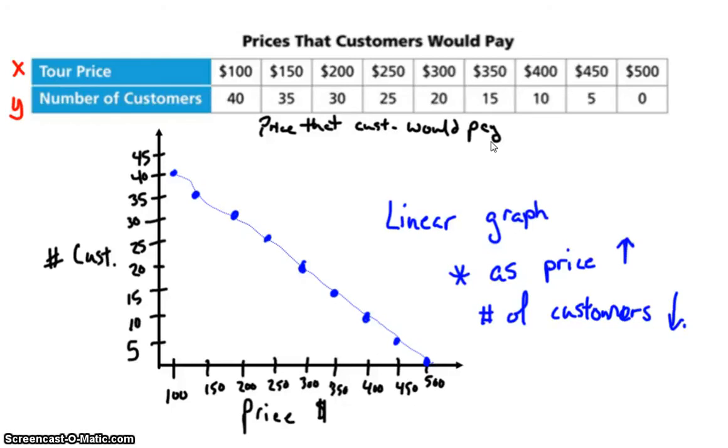Would that graph be a linear graph or a non-linear graph? Would income be related in a linear fashion or a non-linear fashion to the price that people would pay for a bicycle tour? All right, I'll see you tomorrow.